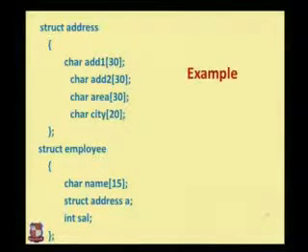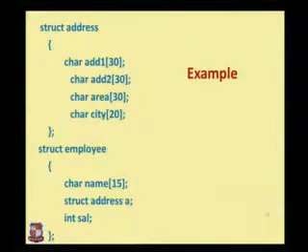To show this we have an example, struct address. In the struct address we have included character address1, address2, area, and city, all of array types, in the address structure. Then we have another structure, employee. In that template we have included the character name, struct address A, and int salary.